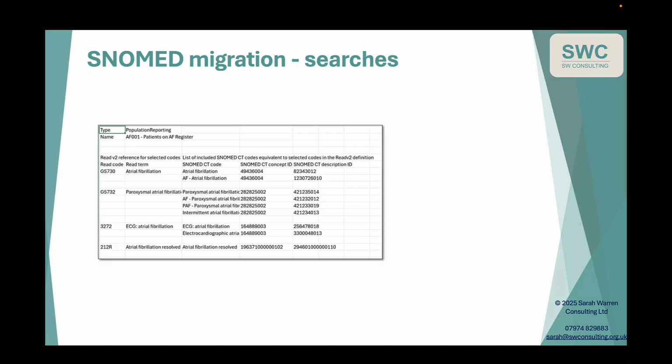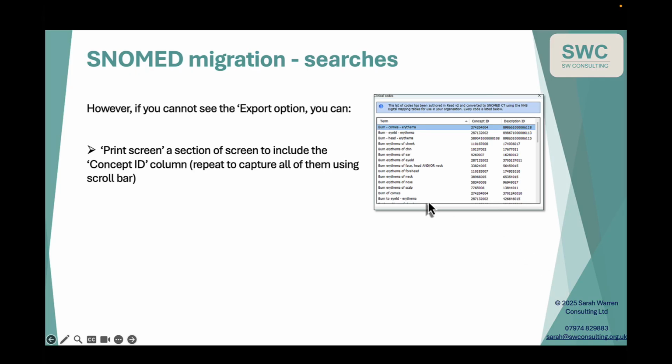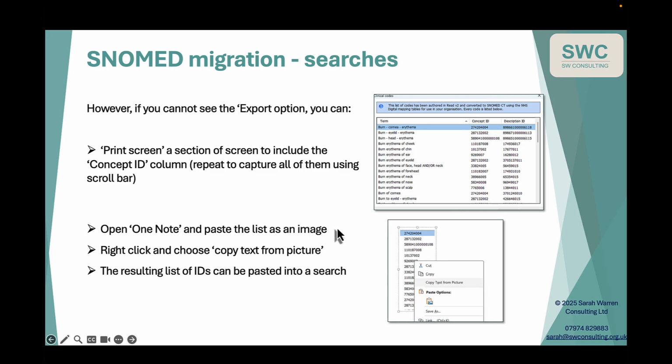However, it may be that you don't have that export button yet. I believe it's coming to Wales soon, in which case there is an alternative. If you don't see that export option, you can do a snip of the concept ID. So you want to literally snip all the numbers in that concept ID column and paste it into OneNote.